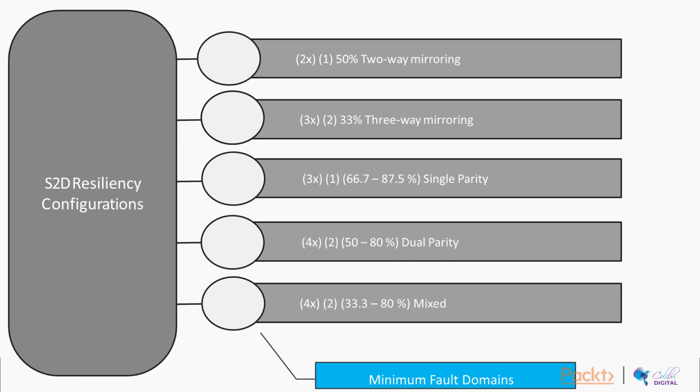It's then when we get into the parity options here, where the number of fault domains goes up. In order to support those 2 simultaneous node failures with the dual parity, you have to have 4 machines running at a time. And so in this environment that we're working with, that's one of the reasons why you're seeing us use 6 different disks and 4 different machines, so that we can see what happens when Storage Spaces Direct sees what it has available to it, right?